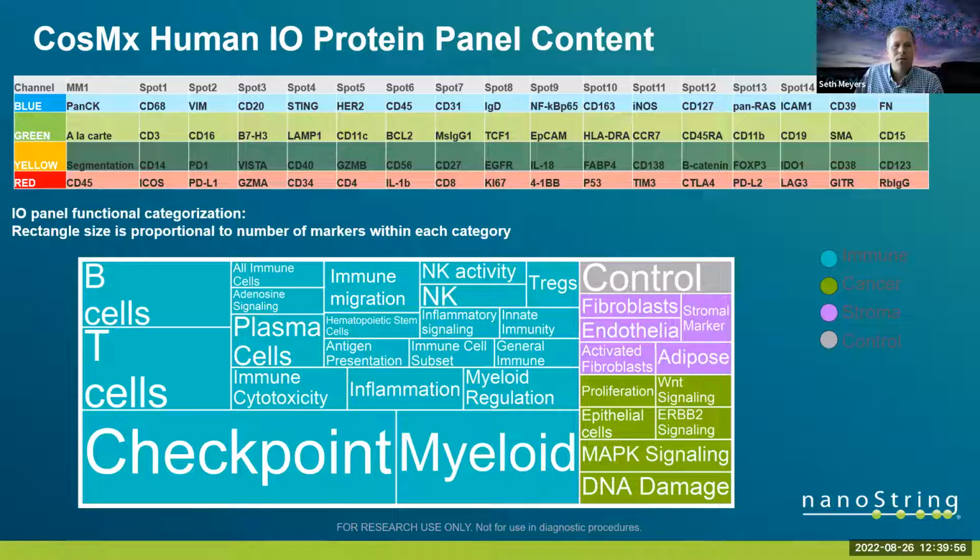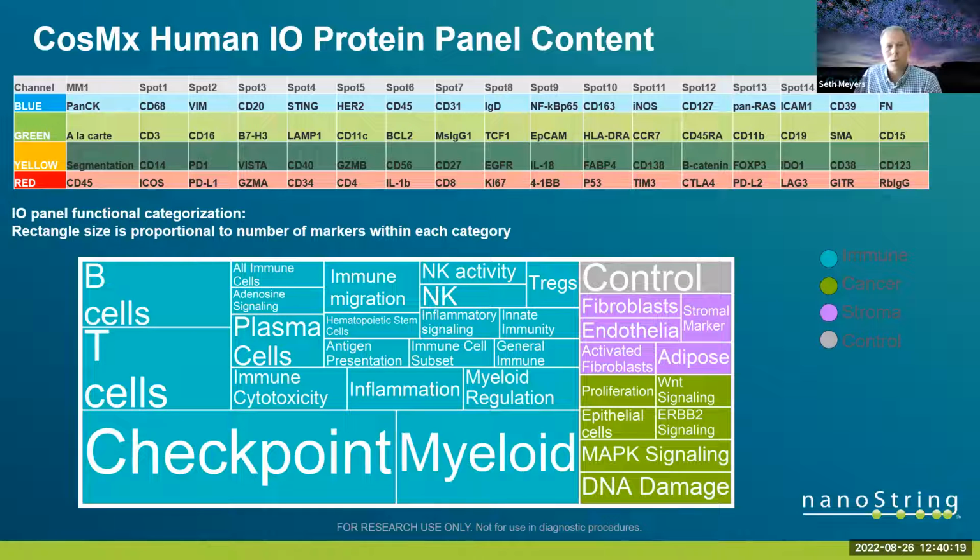This gives you an idea of our immuno-oncology protein panel content. We've got this word graphic that demonstrates where we've put the majority of the different protein targets. So checkpoint, myeloid, which we import with immuno-oncology, but really it's a great immune profiling panel.